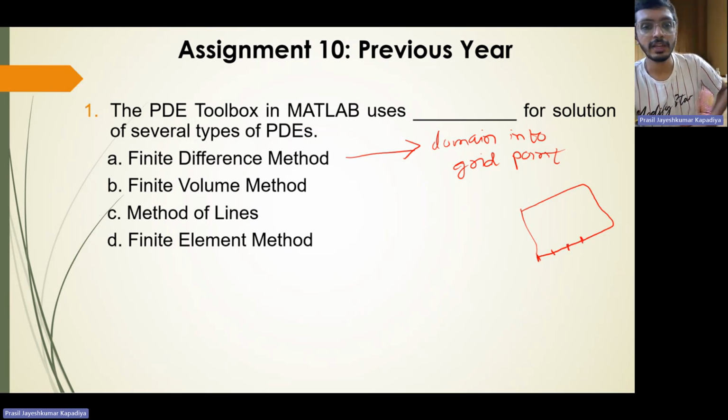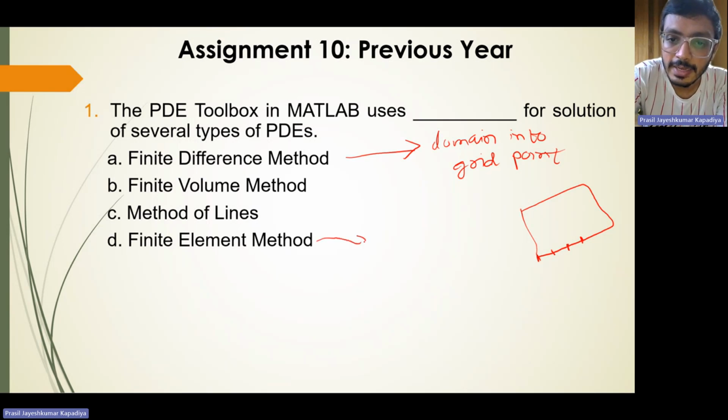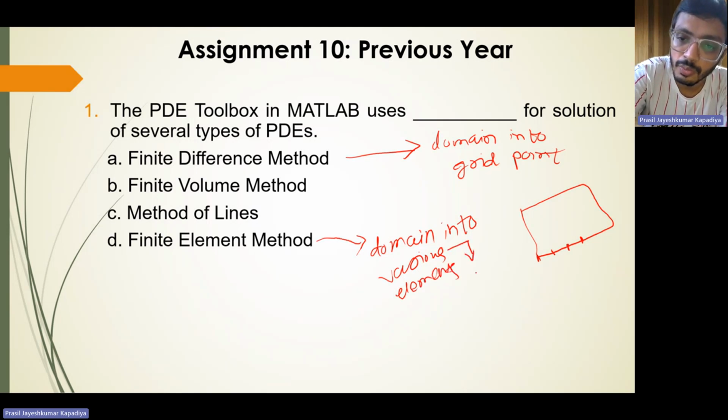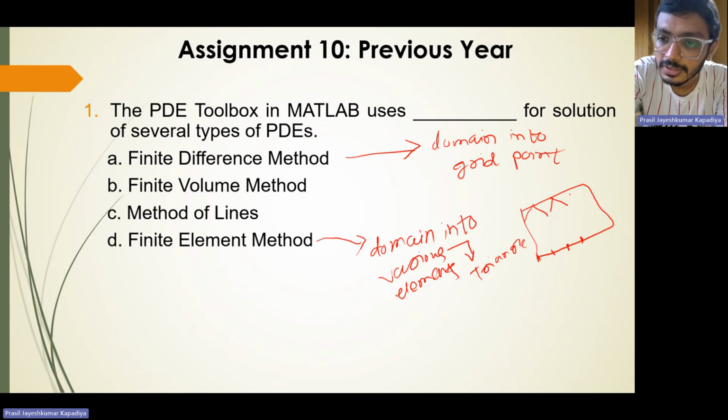So this is called finite difference method. Okay, what is finite element method? In finite element method, we divide our domain into various elements. What kind of various elements? Like we can divide it into triangles. Let's say this is my domain, so I am dividing it into triangles like this. So this is called finite element method.